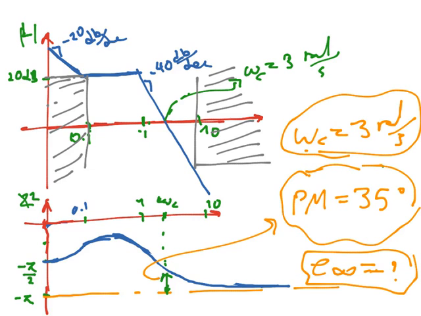And as you can see here, our Bode plot has not entered these areas. So all the requirements are satisfied using this proportional-integral, or PI, compensator.